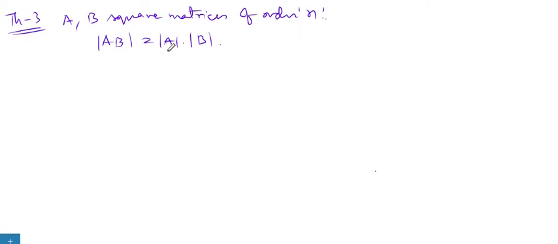This theorem says that if we find out the determinant value of AB, then it would be the determinant value of A and the determinant value of B found out separately and then multiplied, equal to the original determinant value of AB. Okay, so this is theorem 3.